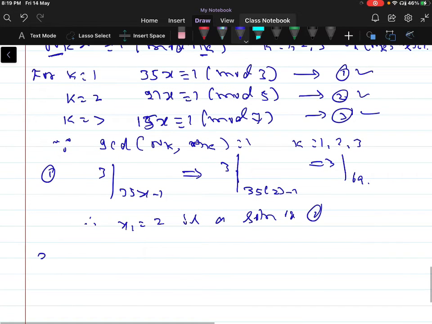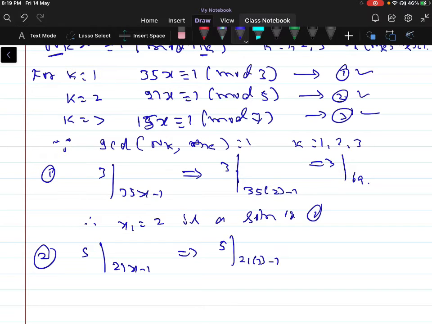From equation 2, 5 divides 21x minus 1; for x equal to 1, 5 divides 21 into 1 minus 1, which is 20. Therefore x2 equal to 1 is a solution of 2.